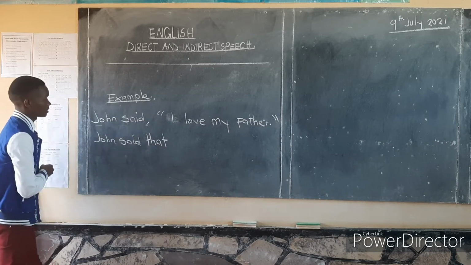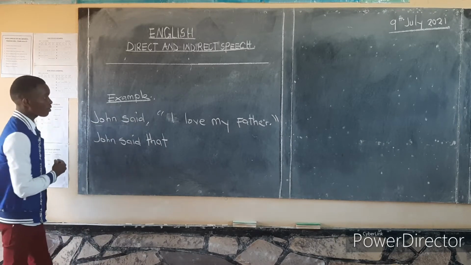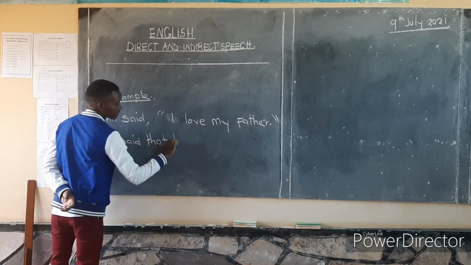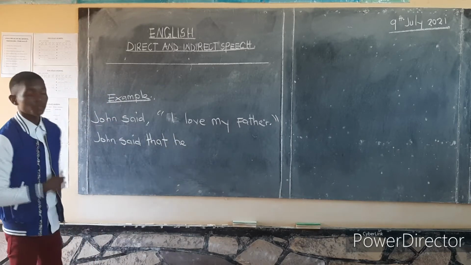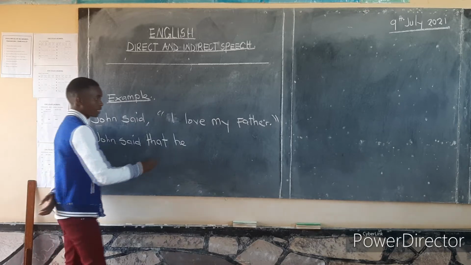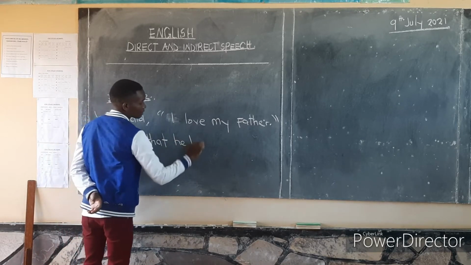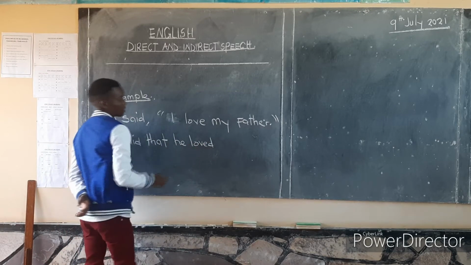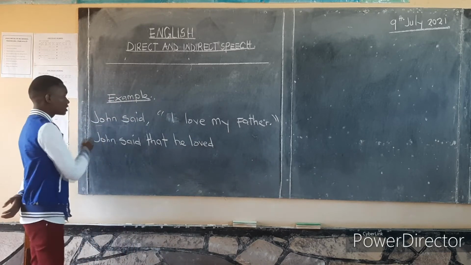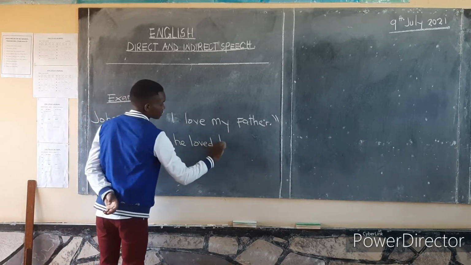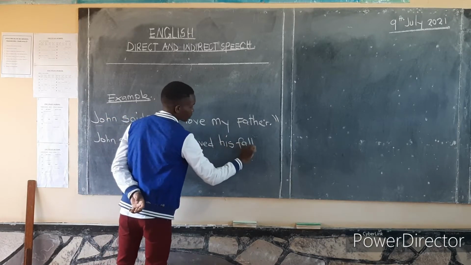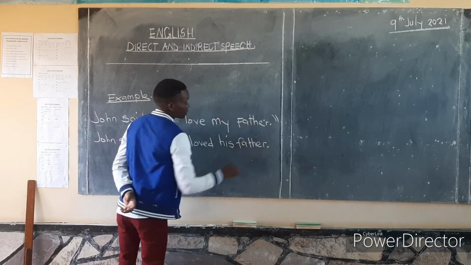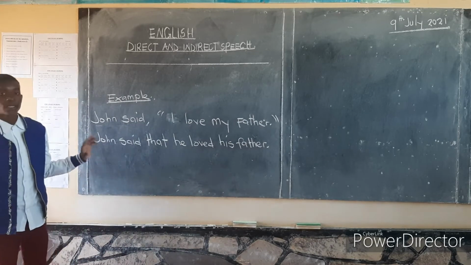Since John is a male, we'll say, said that he. Love is in present tense, and it will change to past tense, loved. My will change to his, since we are reporting his father. This is what we discussed last time.